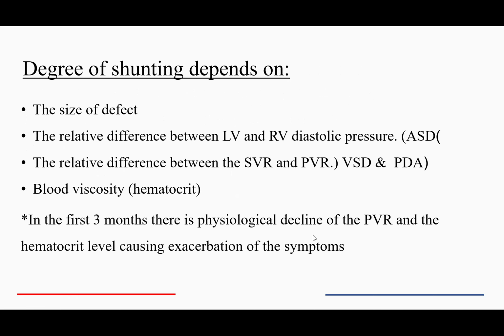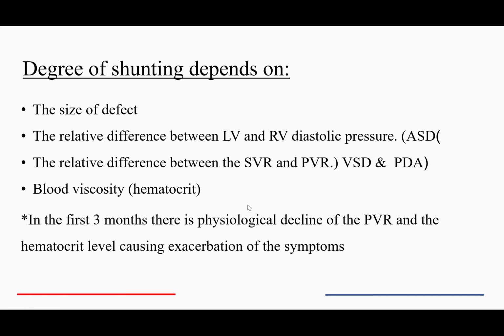Degree of shunting depends on the size of the defect. So the larger the defect, the more the shunt. The relative difference between the LV and RV diastolic pressures in shunts that are before the AV valves, like the ASD and partial anomalies. So in these conditions, the shunt depends on the diastolic pressures of the left and right ventricles during diastole.